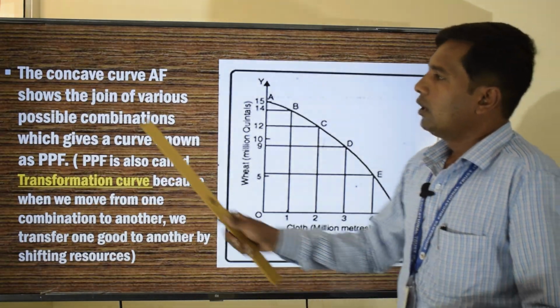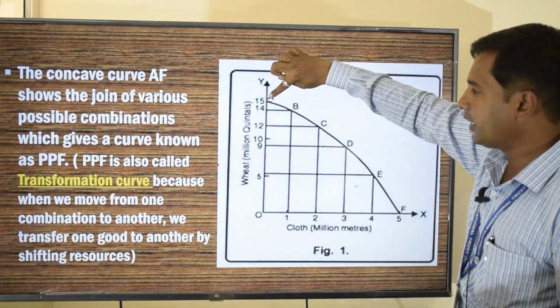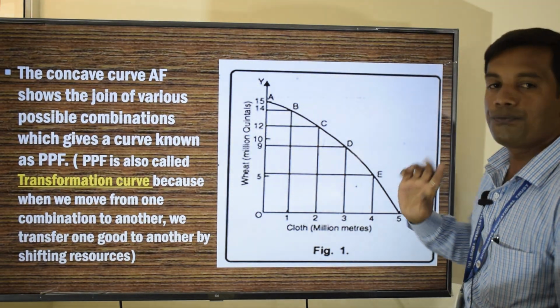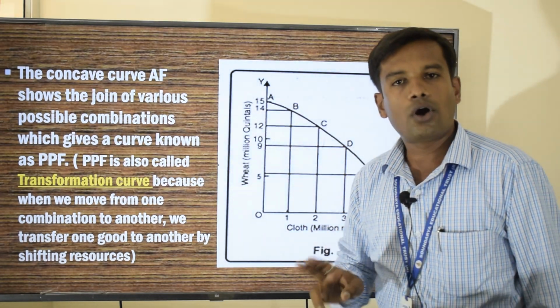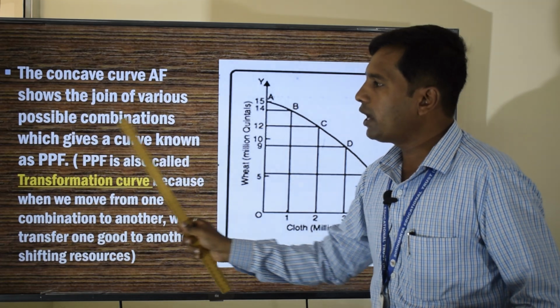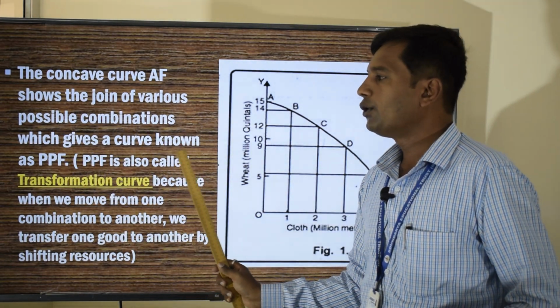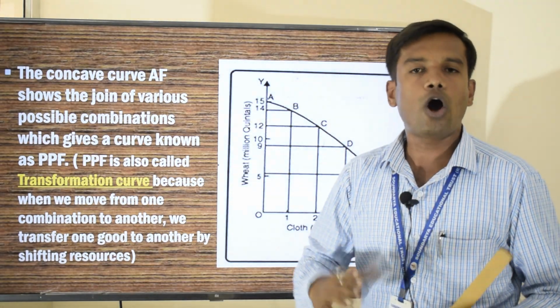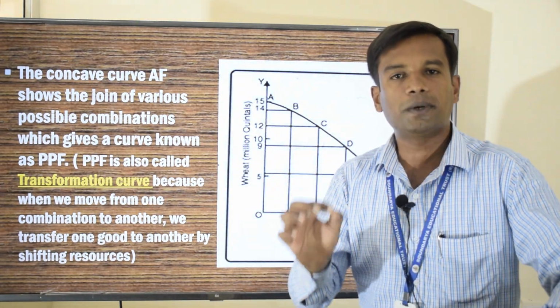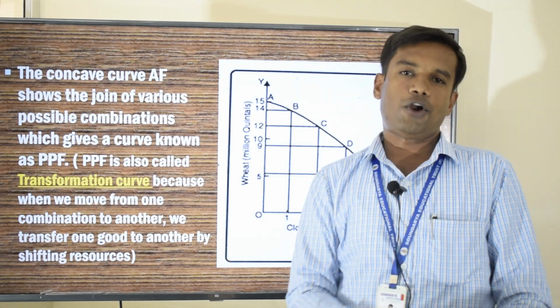Next, the concave curve. Just observe the diagram here. As I said here, A and F form a concave curve, which shows the joining of various possible combinations, which gives a curve known as PPF or PPC, production possibility curve, or we can also call it the production possibility frontier.